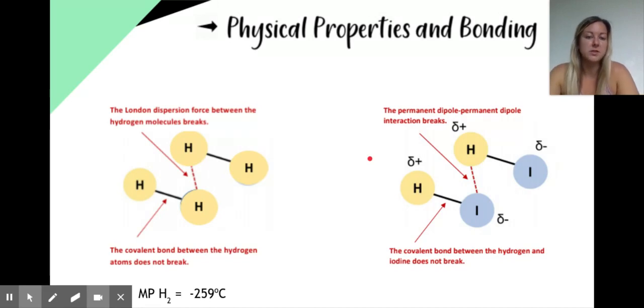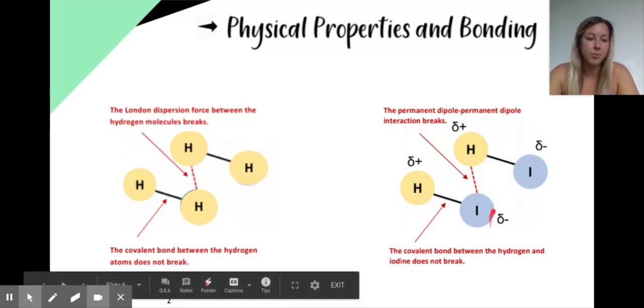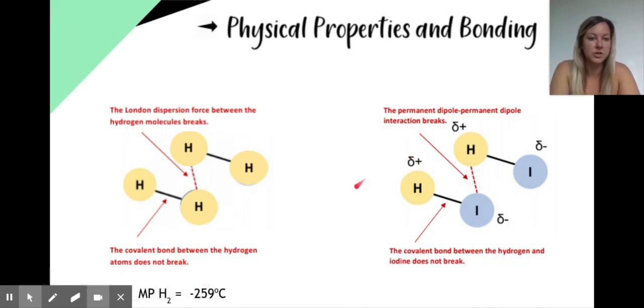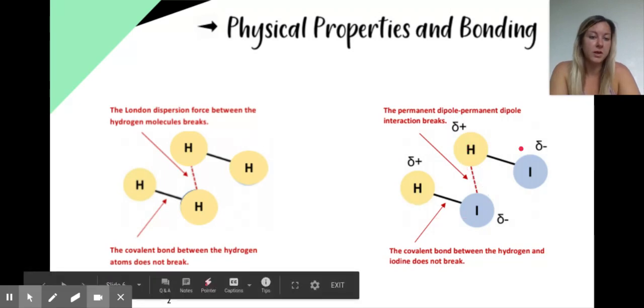That means that we are going to end up with a dipole in the molecule where one side has a slightly negative charge on the iodine, and the other side has a slightly positive charge, and that's going to be on the hydrogen. Now, that means that we don't just have London dispersion forces between molecules, we are going to have permanent dipole interactions. That is because we have polar molecules here, and the negative side of one molecule is going to be attracted to the positive side of the other.